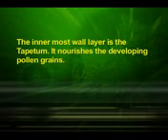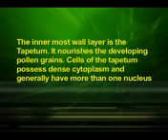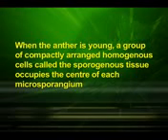The innermost whorl layer is the tapetum. It nourishes the developing pollen grains. Cells of the tapetum possess dense cytoplasm and generally have more than one nucleus. When the anther is young, a group of compactly arranged homogeneous cells called the sporogenous tissue occupies the center of each microsporangium.